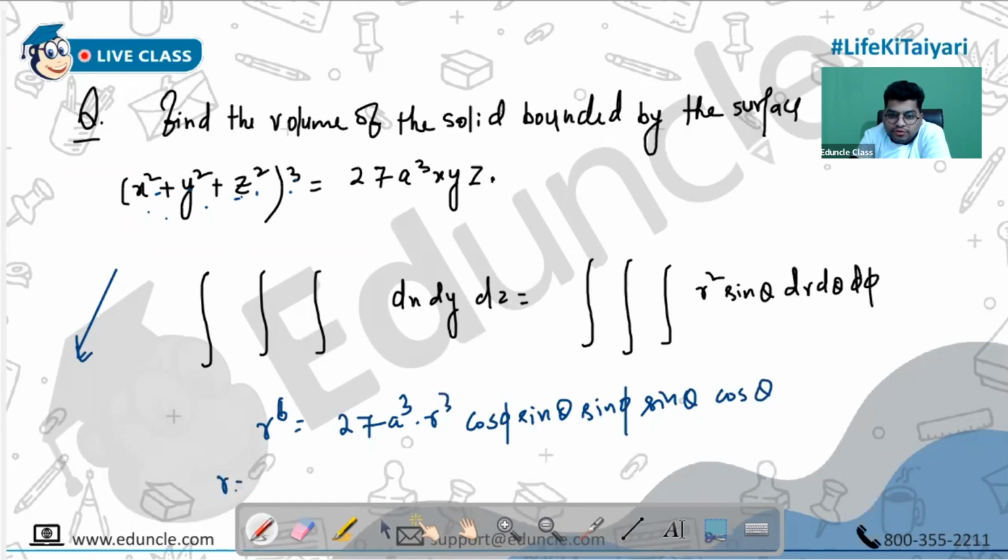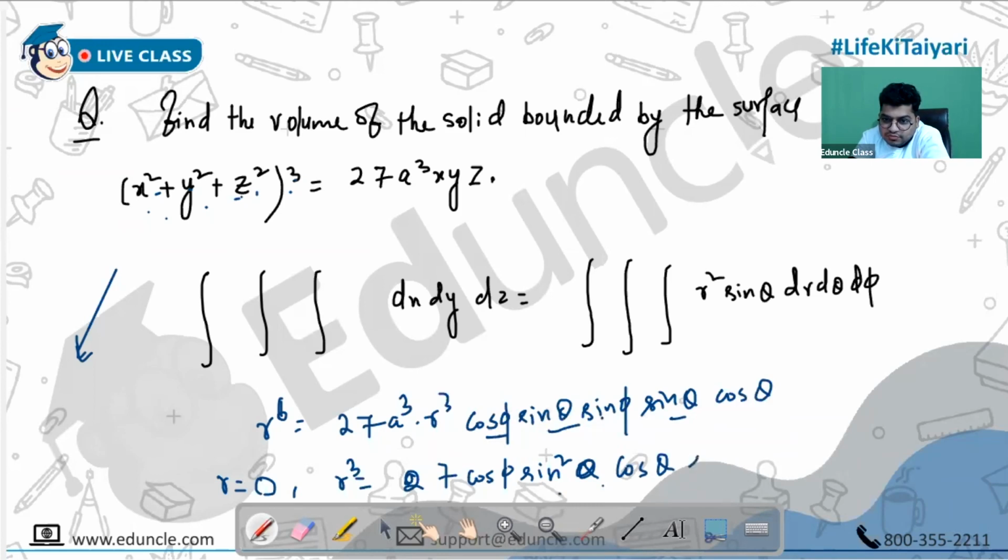So what is the value of r? r cube is equal to 27 cos phi sin square theta sin phi cos theta. Yes or no? Now the r value is 0 to this.